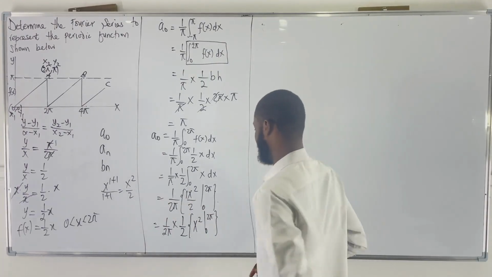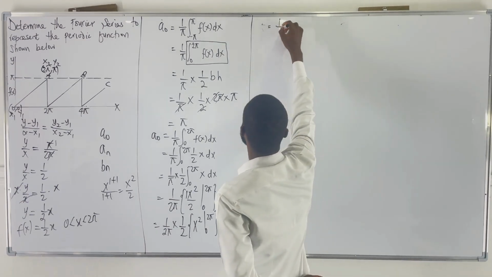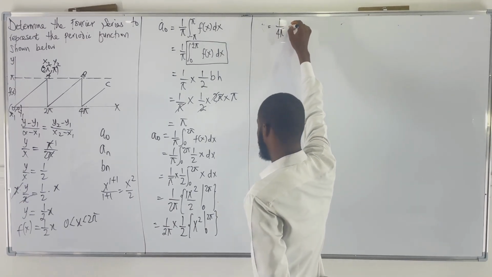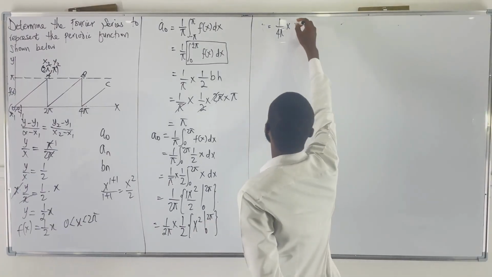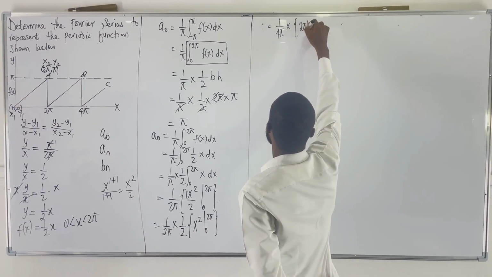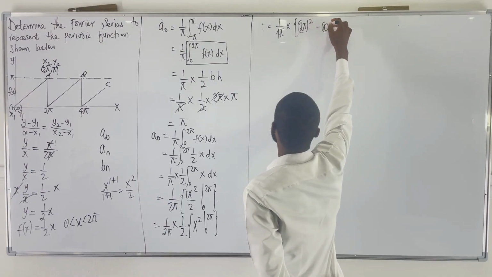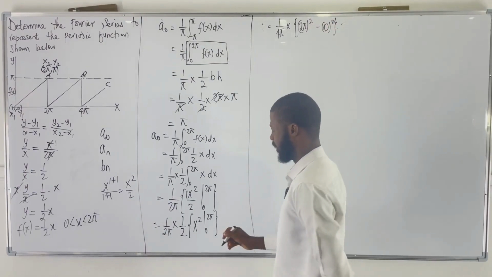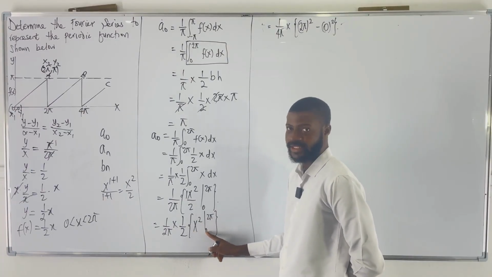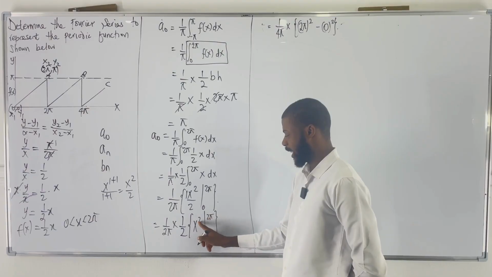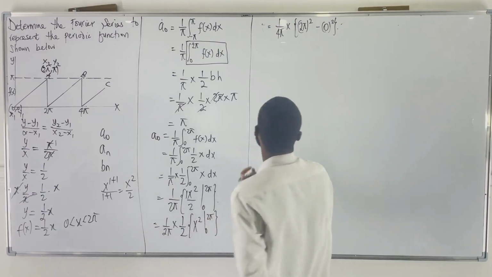Okay, so this is 1 over 4 pi, and then times, let us put in 2 pi here. So this will be 2 pi squared minus 0 squared when you put in your limits. So the first x will be 2 pi, x will be 0 later on. So we're going to have 2 pi all squared minus 0 squared.